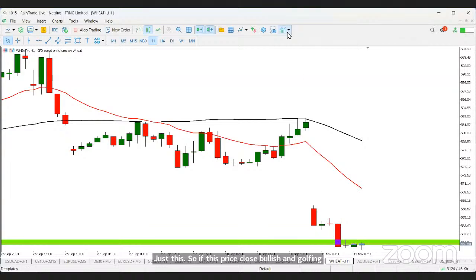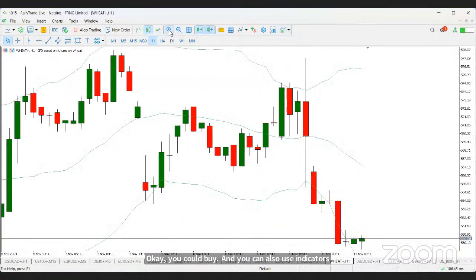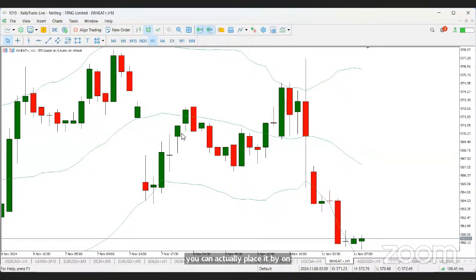And you can also use indicators like Bollinger Band. So if this particular candle closes bullish like so, you can actually place a buy on wheat. So I just give you an instance. We are waiting for this candle to close. It's an hour candle. If it closes bullish, you can buy wheat.